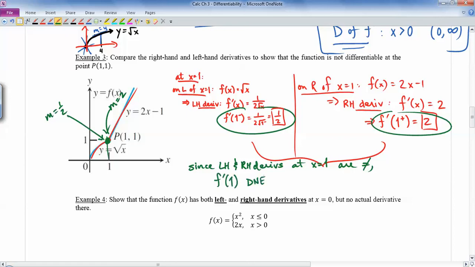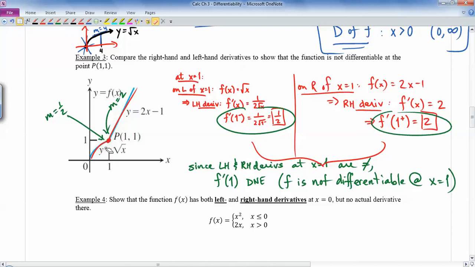Now f prime 1 from the left exists, f prime 1 from the right exists, but since they're not equal, f prime 1 in general doesn't exist. So another way of saying that is f is not differentiable, meaning no derivative exists, at x equals 1.